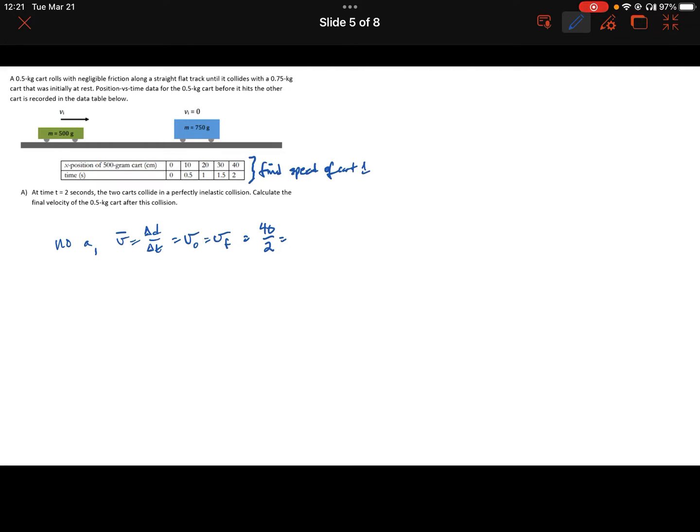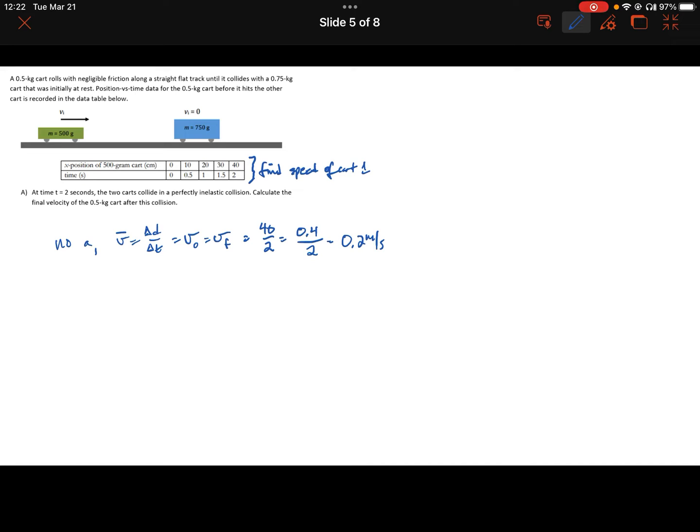And we can use centimeters in momentum, it's fine. But because we're sort of used to using meters, let's do that. So 40 centimeters is 0.4 meters. So 0.4 divided by 2 is 0.2 meters per second. That's our initial velocity of cart one.